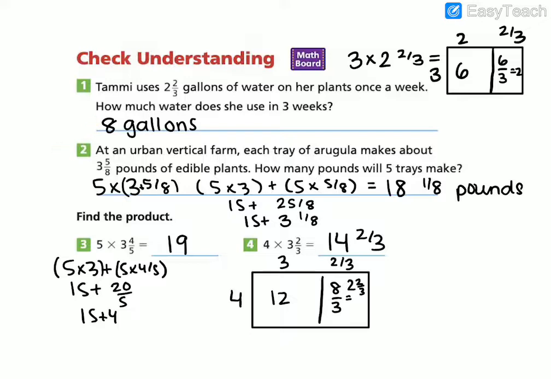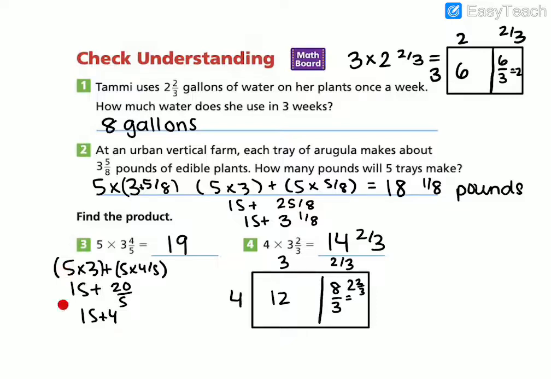For number 2, I did 5 times my 3 plus 5/8. I used distributive property to solve with 5 times 3 plus 5 times 5/8, which got me 15 plus 25/8, which is equal to 15 plus 3 1/8, which gave me a total of 18 1/8.